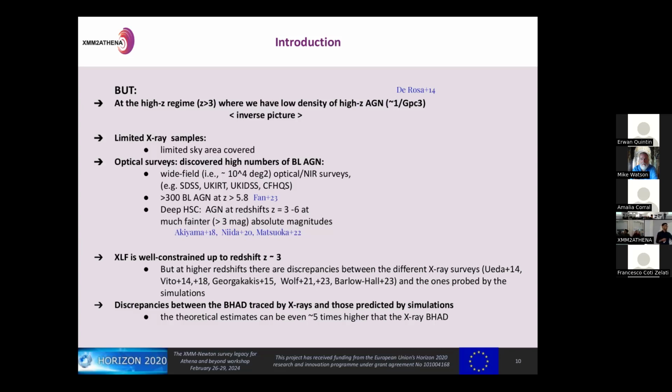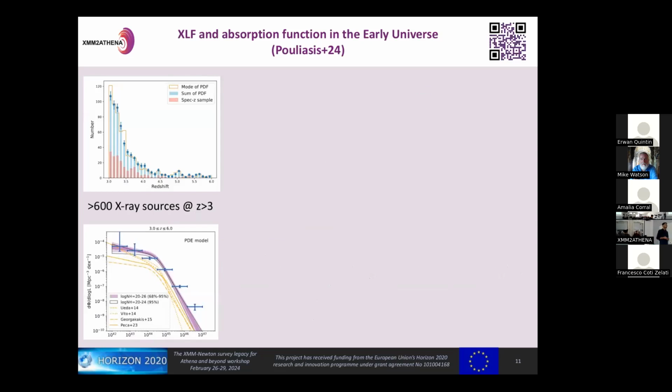However, at higher redshift, even though there are many works finding and studying AGN above redshift 3, we have many discrepancies in the XLF, even within the X-ray samples and surveys. We also have large discrepancies with the simulations. And when we consider the black hole accretion density, we have differences that are maybe even 5 times higher than the X-ray black hole accretion density. So for all of this, we need a large sample of high redshift X-ray AGN.